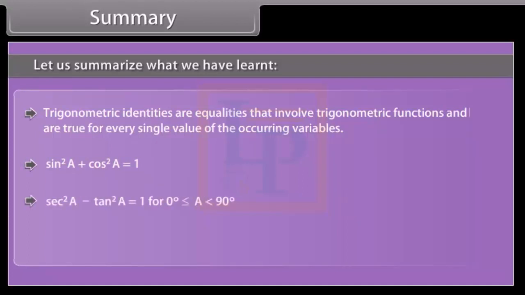Sec square A minus tan square A is equal to 1 for 0 degree smaller than or equal to A, which is smaller than 90 degree. Cosec square A is equal to 1 plus cot square A for 0 degree smaller than A, which is smaller than or equal to 90 degree.